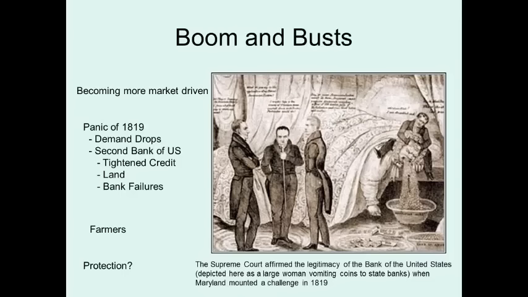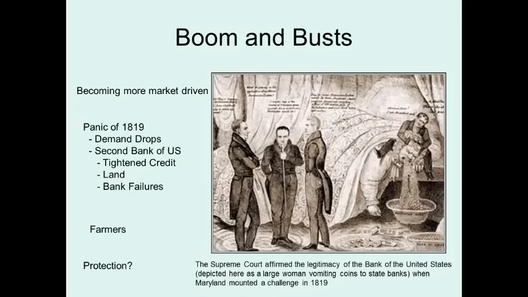When the Panic of 1819 happens, Europe's economy recovered from the Napoleonic Wars, and all of a sudden, demand drops for American goods and demand drops for American food. And so this partly triggers this panic. Remember, panic is the 19th century word for economic depression.